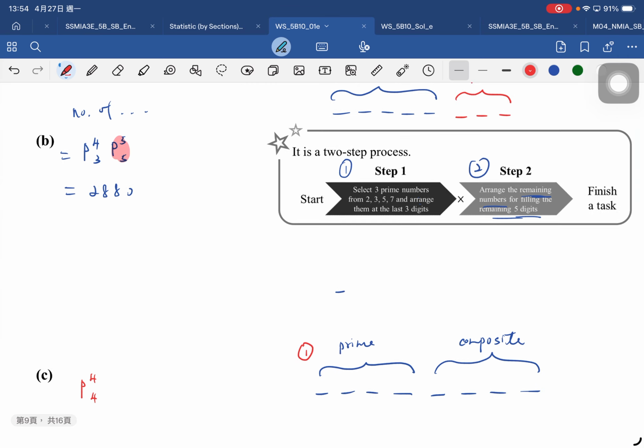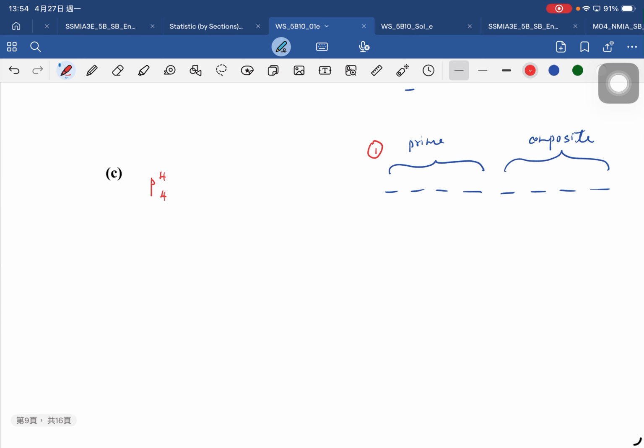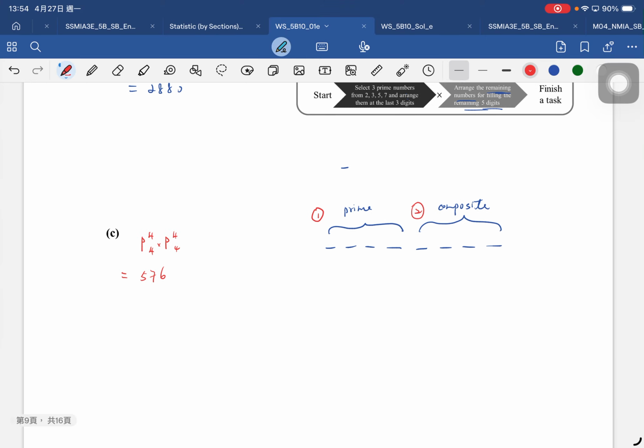So you select them and then arrange them. That means step 2, you select them now. Since it involves step multiplication, it's 576. This is the way to do it. Any problem? Okay, step by step, remember using the multiplication rule.